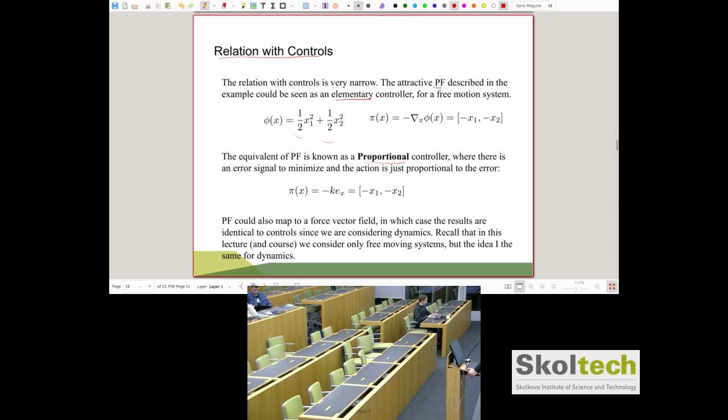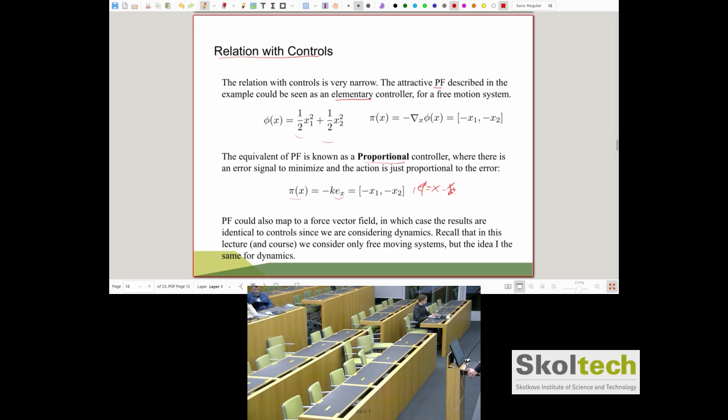So what is this? What we have is an error. In this case, we have this, so this could be our error. And the only thing we are doing is multiplying this proportional signal with some number, 1, why not? Okay? These two things provide the same kind of action, right?